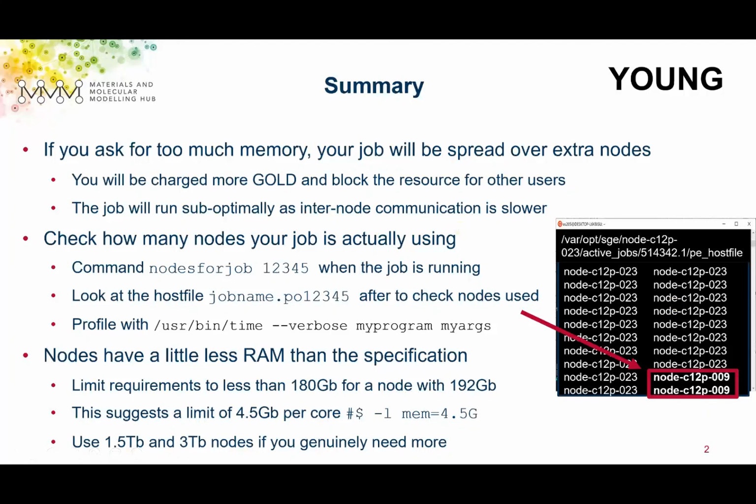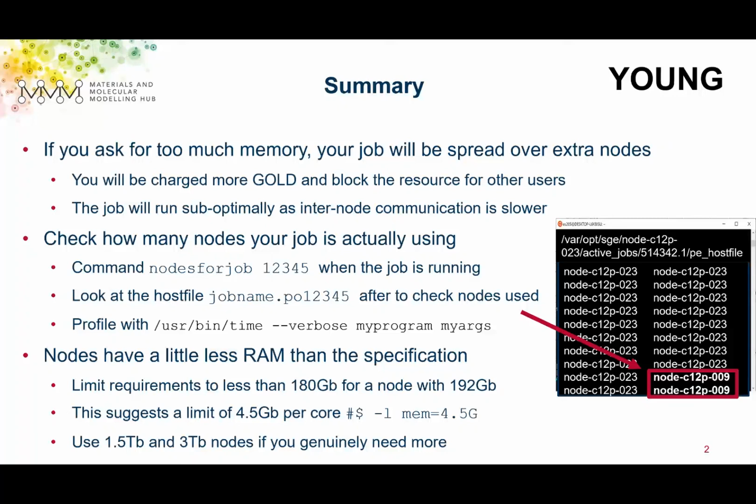So in order to combat this, the suggestion is that you check how many nodes your job is actually running on, and this is good advice for people even if you're pretty confident you know what you're doing. Certainly for me, it was surprising that jobs that I thought would run on a single node were actually spread over 2. So commands such as nodes for jobs followed by your job number is very, very useful when a job is actually running.